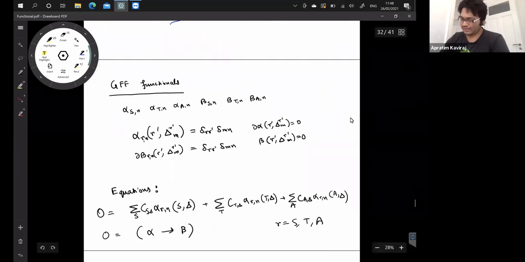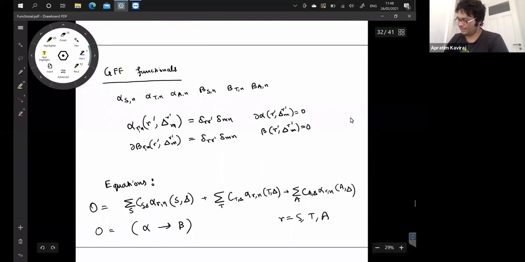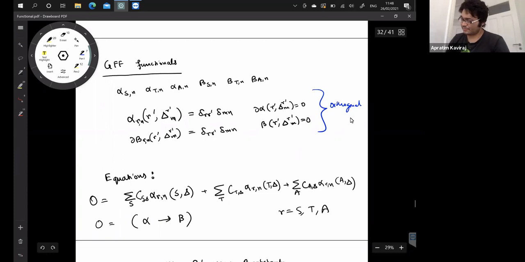I don't show the exact form of the GFF functionals, but they have these orthogonality properties. And then if you use them on the Bootstrap equations, you get a set of 6 functional Bootstrap equations, because there are 6 of these GFF functionals.